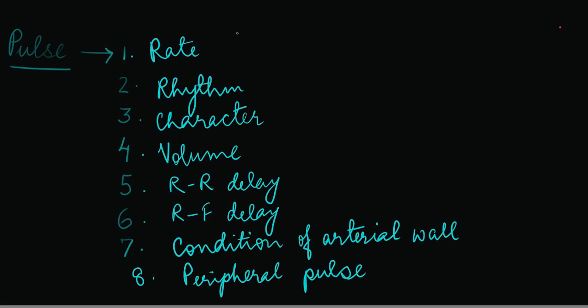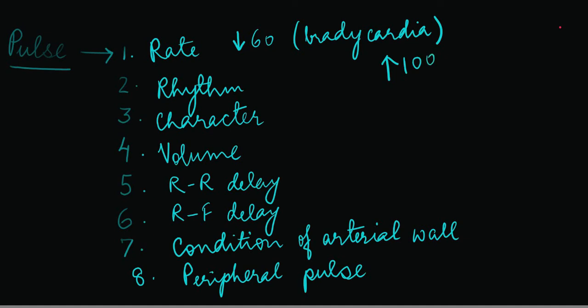If the rate of pulse drops below 60, that is known as bradycardia, and if it goes above 100, that condition is known as tachycardia. These words are Greek in origin, where bradus means slow, tachys means fast or swift, and cardia pertains to the heart.